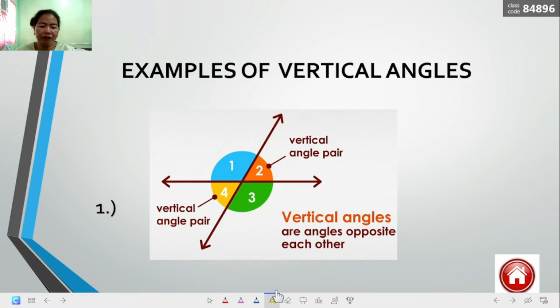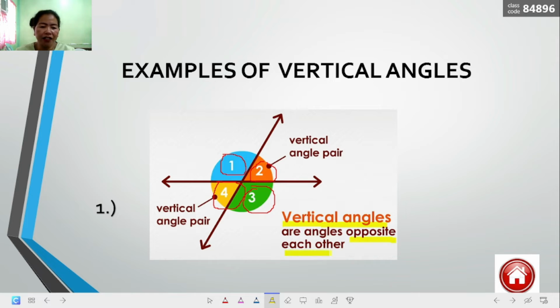So we have here four illustrated angles: angle 1, angle 2, angle 3, and angle 4. It is said here, vertical angles are angles opposite to each other. So let us try to identify which angles are opposite to each other.